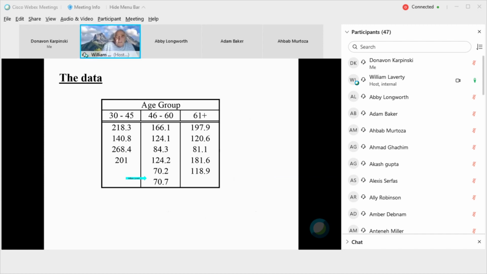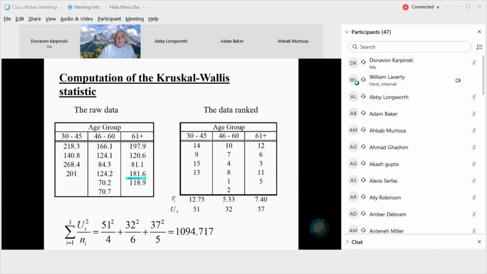We could use the one-way ANOVA F test to test whether the means were all different, but that assumes that the data is coming from a normal distribution. That might not be the case. So there's the raw data.